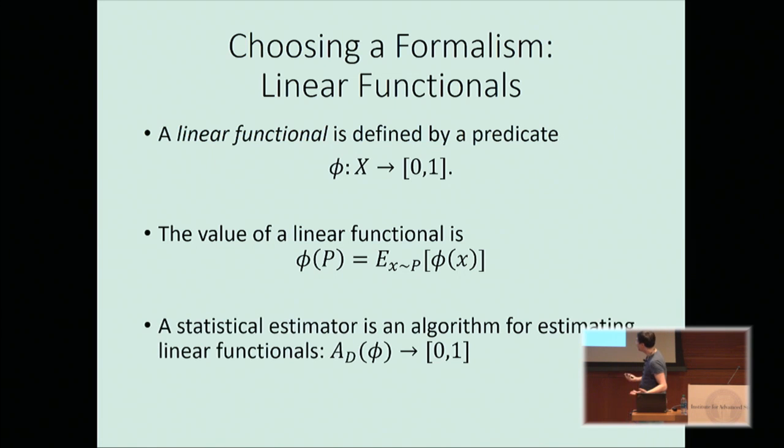Our goal is to design statistical estimators, just algorithms, for estimating the values of linear functionals. These algorithms don't have access to the distribution, but they're parameterized by a data set. They can try to derive conclusions from the data set, and they take as input streams of these queries and output answers. These are numbers between 0 and 1 that purport to be estimates of the true value of these linear functionals.